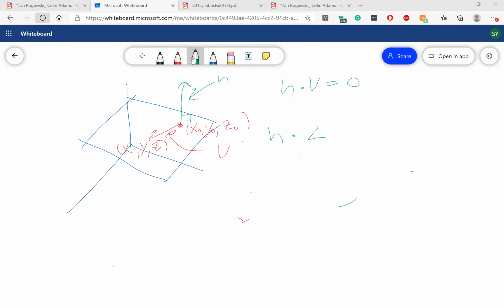Then this equation becomes n dotted with x minus x0, right? So the vector from x0, y0, z0 to x, y, z is going to be x minus x0, y minus y0, and z minus z0.